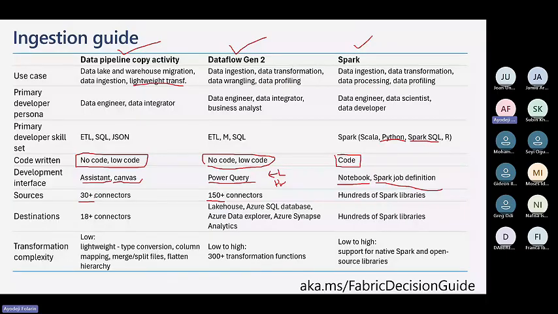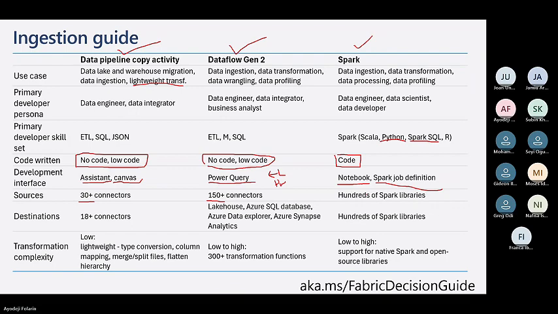Just 30 plus connectors, data source connectors, for data pipeline. For those of us using SSIS or Data Factory, you will understand what I mean. But for those of us using Power Query, when you click Get Data, you will see that you can connect to hundreds of data sources.